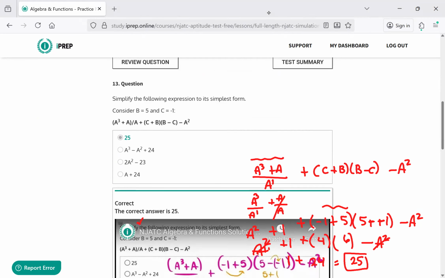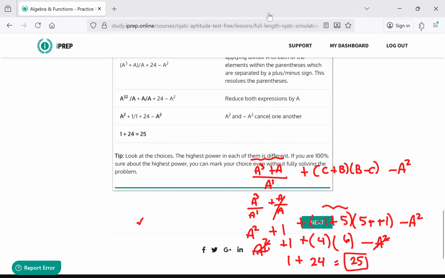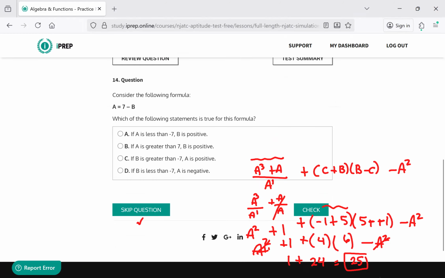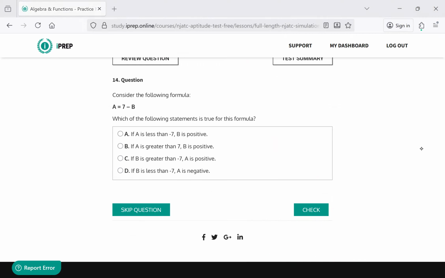Okay, let's move on. Question 14. We have a equals 7 minus b. We've got to figure out which of these statements is true.